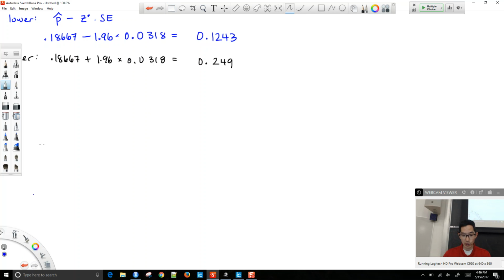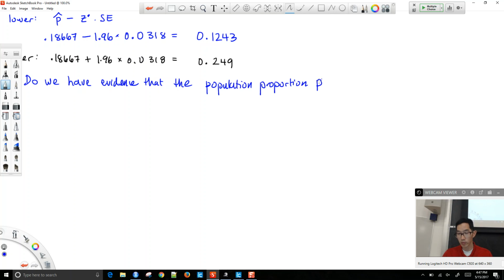So the first question I can ask is, do we have evidence that the population proportion P of red candies is different from 28%?